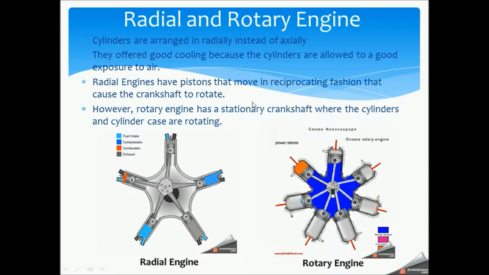Next, it will be the radial and rotary engines. Radial and rotary engines have a different design as compared to the inline engine and the opposed engine, because previously in the inline engine and opposed engine, the cylinders are arranged in axial directions, but in radial and rotary engines, the cylinders are arranged in the same plane.